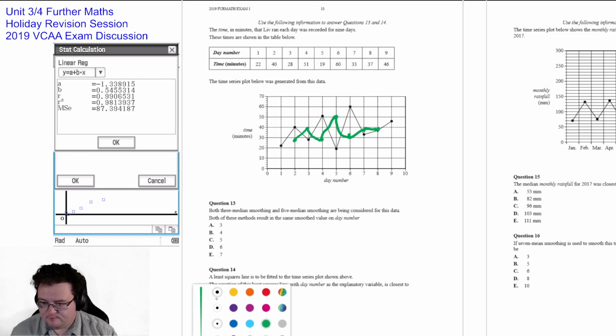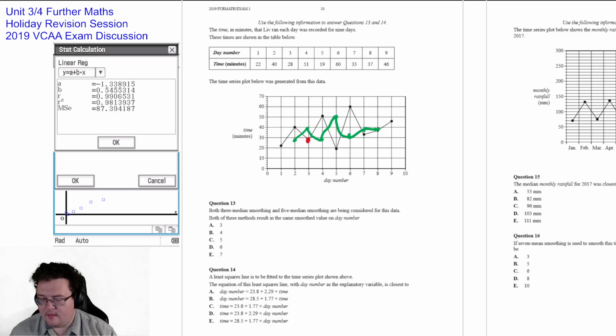Let's go to 5. So day 1, day 2, day 3, day 4, day 5. I've got a number here, here, here, here. That's the middle one there. For the next 5, 1, 2, 3, 4, 5.